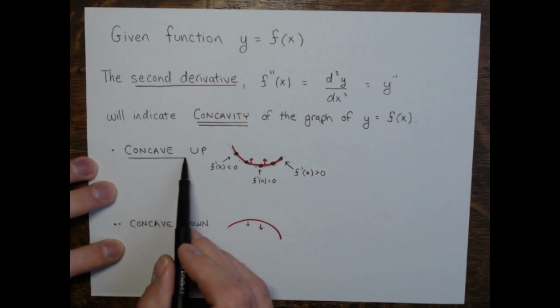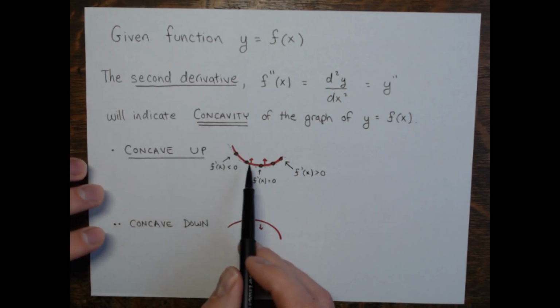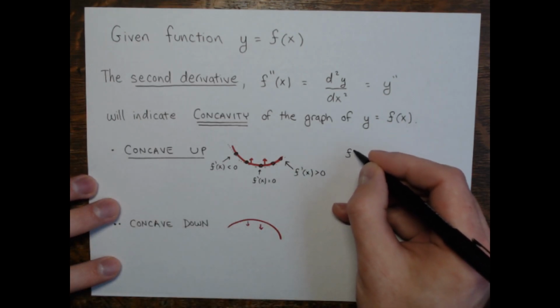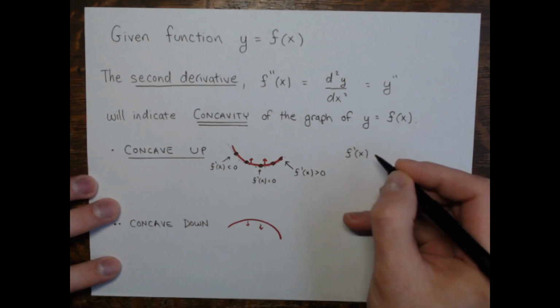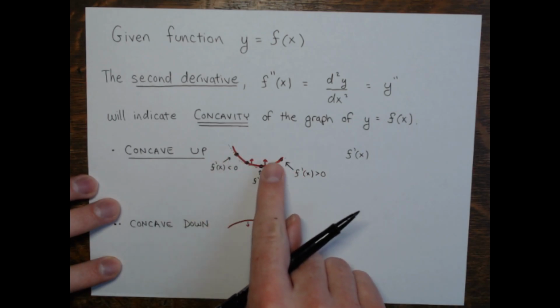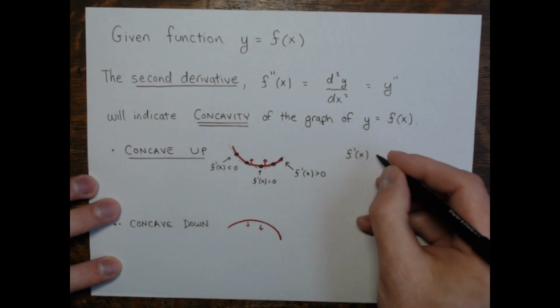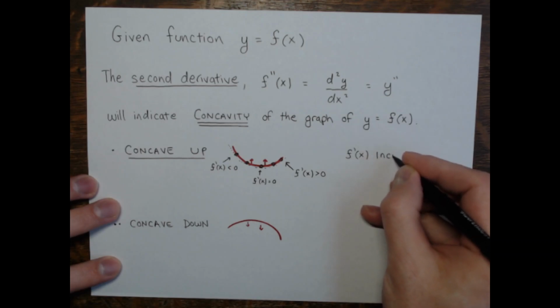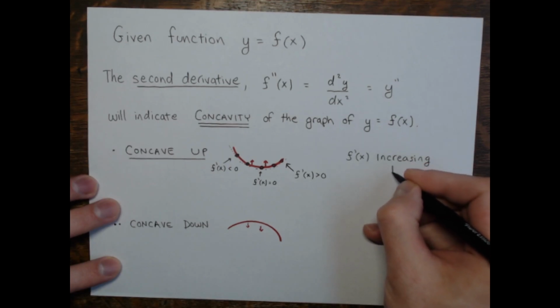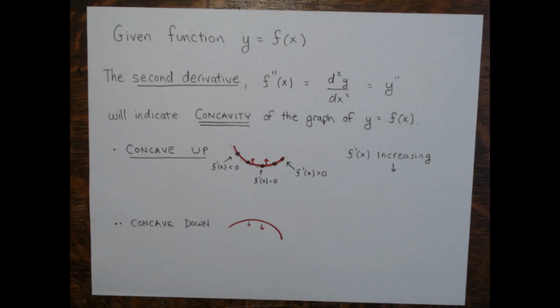So on a piece of the graph that's concave up, the value of the first derivative would be increasing, right? Going from negative to 0 to positive here. So on a piece of curve that's concave up, the value of f prime is going up, is increasing. So that means the second derivative must be positive.